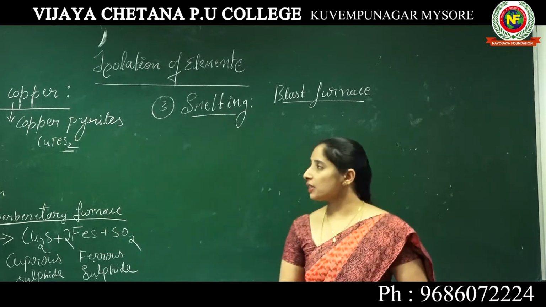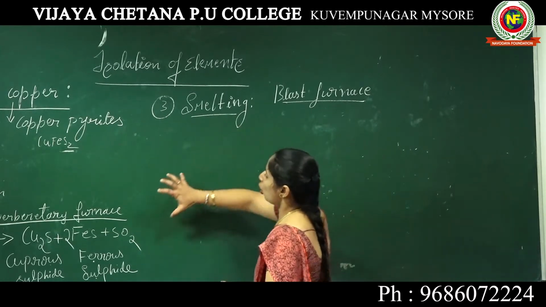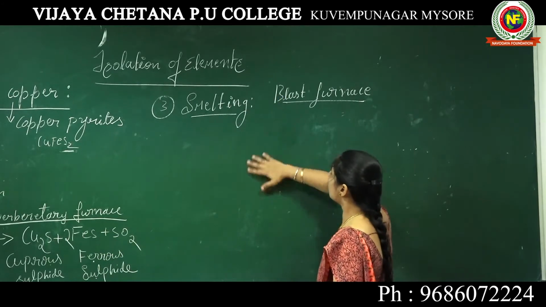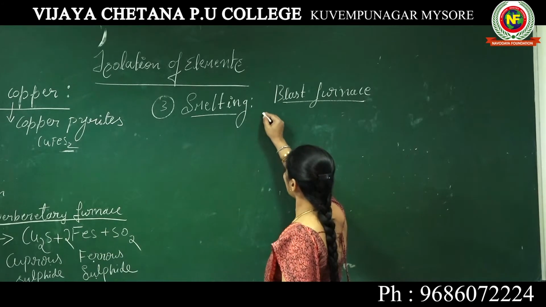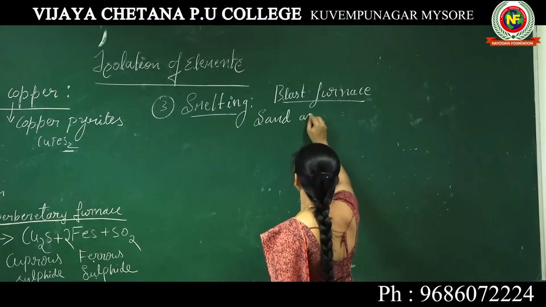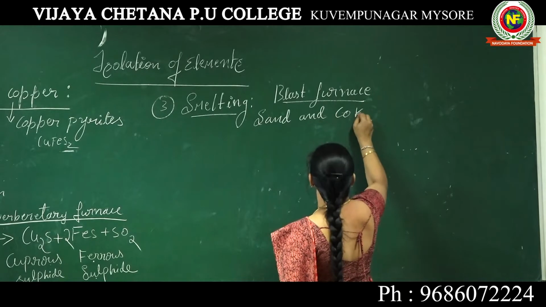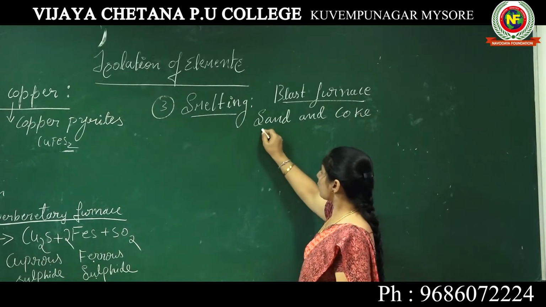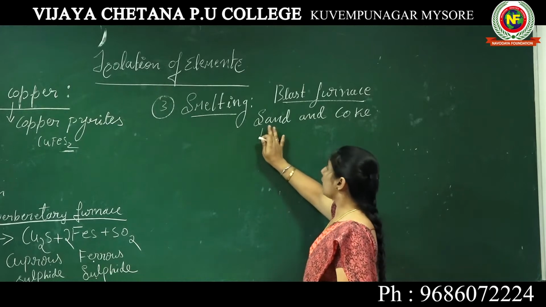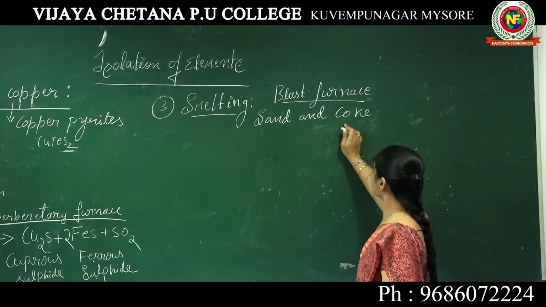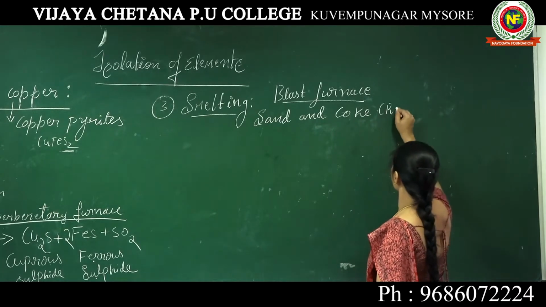Here this roasted ore is introduced into the blast furnace, and to this I am going to add the sand and the coke. Here the sand acts as the slag former, and the coke acts as a reducing agent.